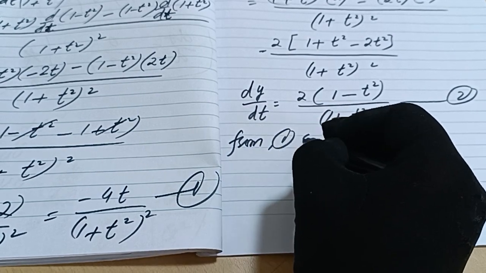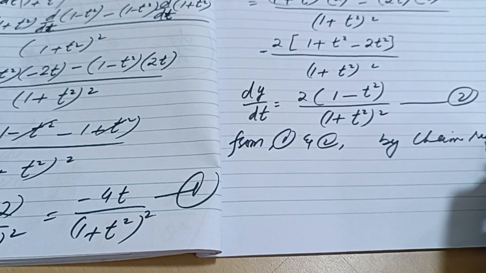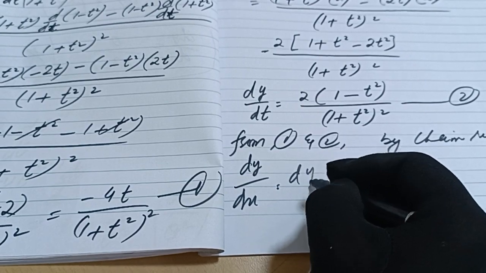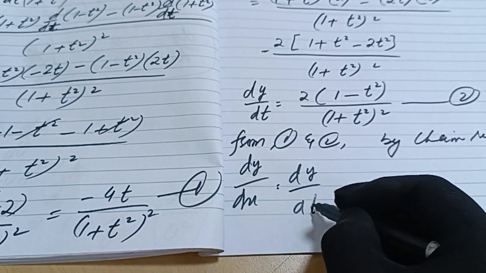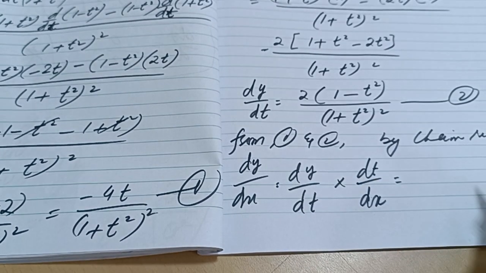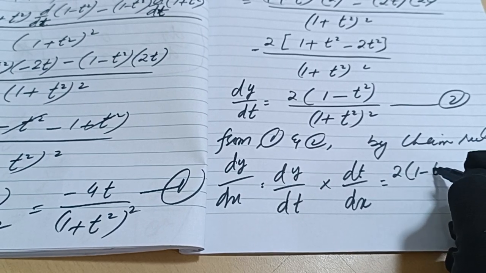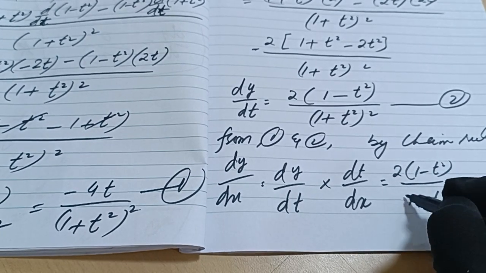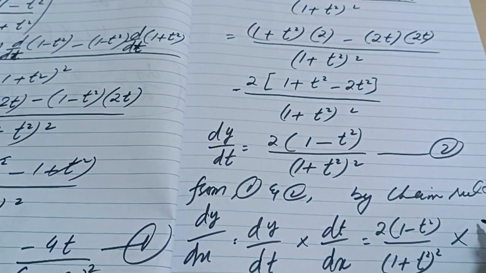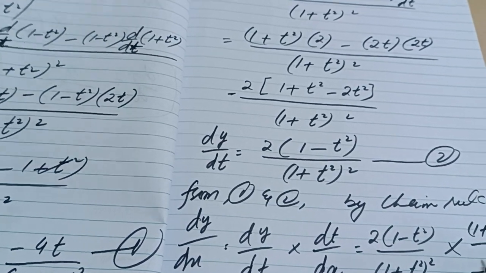From 1 and 2, by chain rule, dy by dx is equal to dy by dt over dx by dt. So putting the value here, dy by dt is 2 times 1 minus t square over 1 plus t square whole square, multiplied by the reciprocal of this function, 1 plus t square whole square divided by minus 4t.